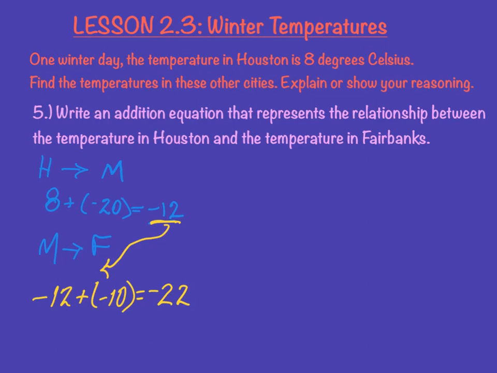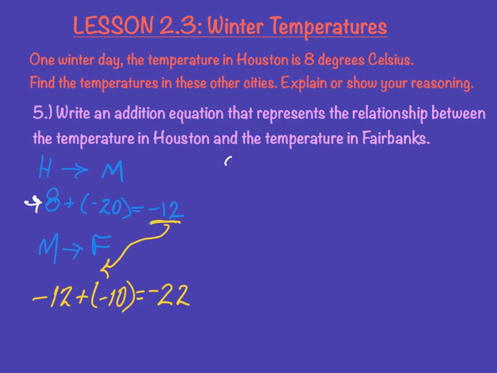Okay, write an addition equation that represents the relationship between the temperature in Houston and the temperature in Fairbanks. Well, I can actually do this two different ways. Let's take a look at what happens. It has to be addition, so I know that I'm starting with my Houston to Minneapolis.